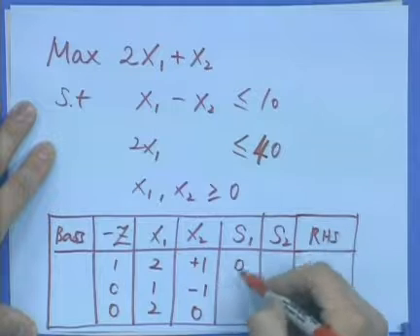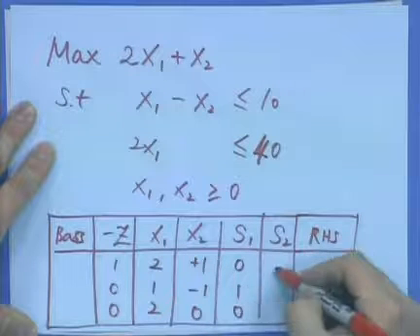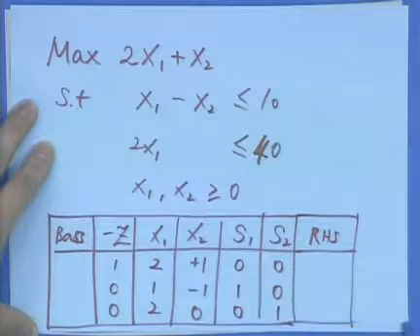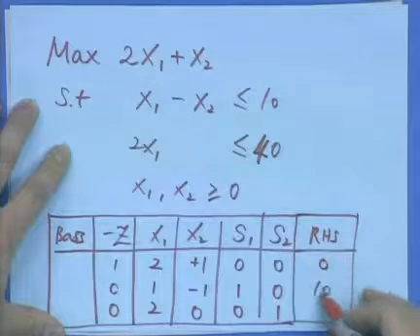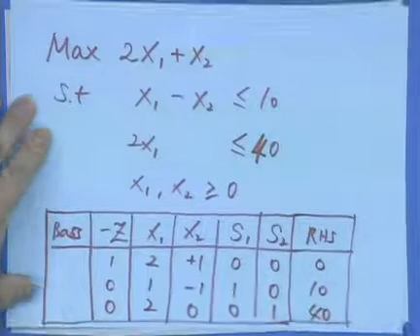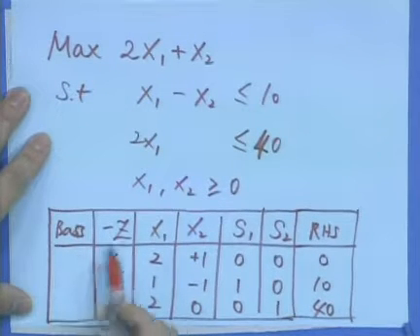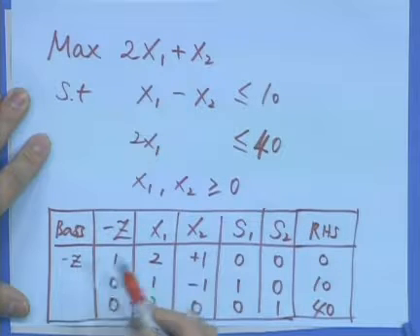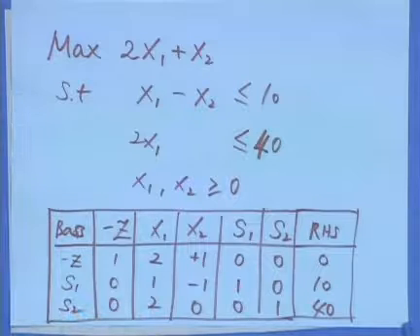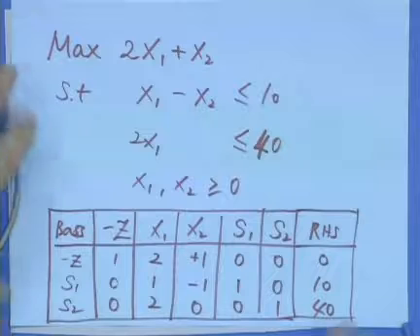The S1 column would be 0, 1, 0, and the S2 column 0, 0, 1. The right-hand side values are 0, 10, 40. Is that correct? And the current basic variables would be negative g, S1, S2. Is that correct?